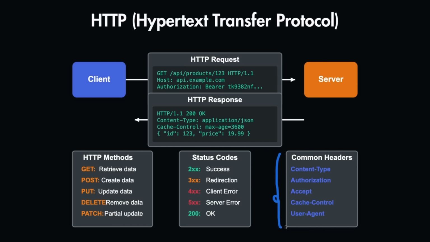And these are the common headers: content type, which is usually defined by the server but also by the client, authorization for authorizing requests to the server, accept headers, cache control, user agent, and there are more headers, but these are the common ones.